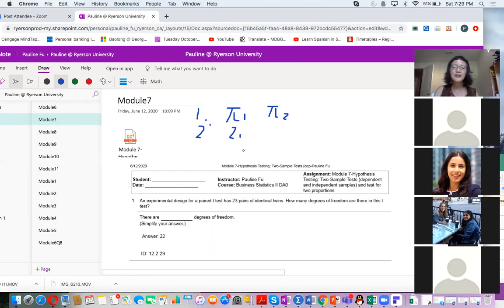And number 3, the dependent sample t-test, which has another name, matched samples. In each of 1, 2, 3, you can use a critical value method, or you can use a p-value method.